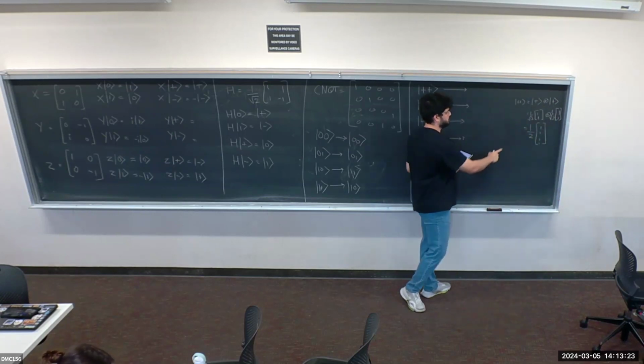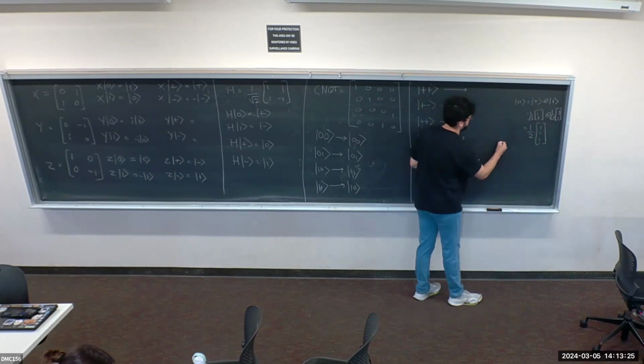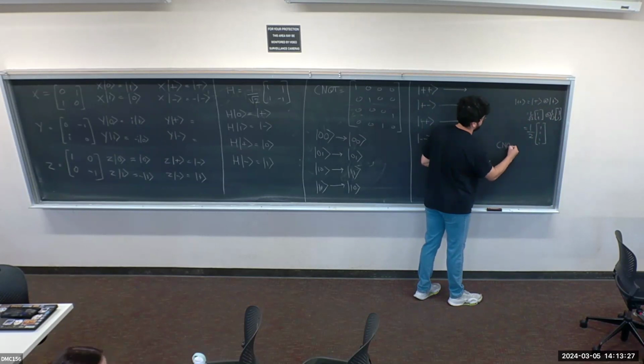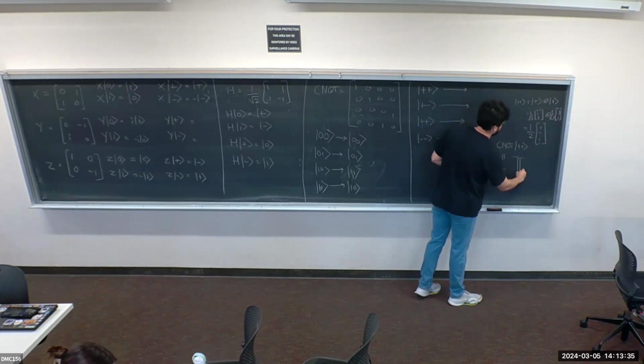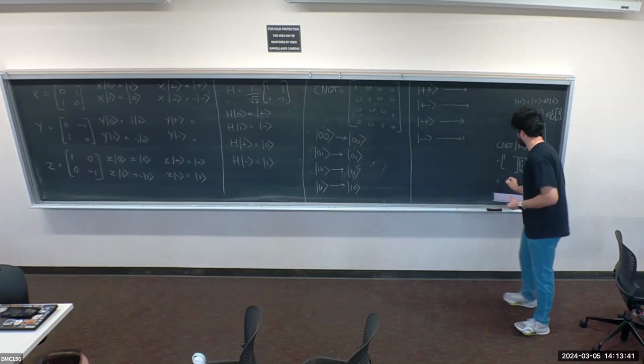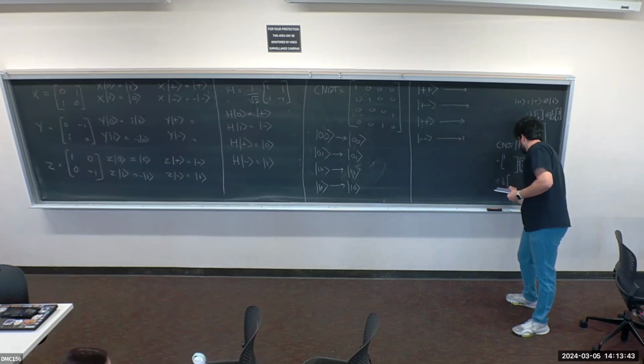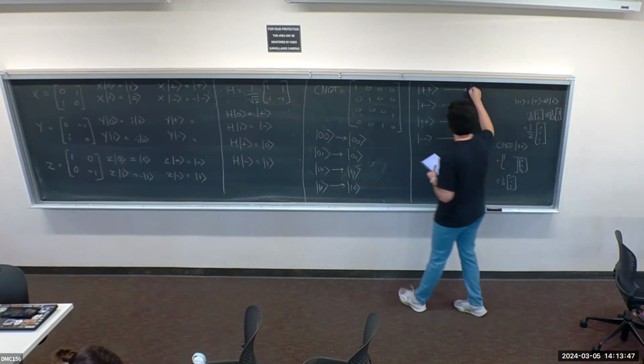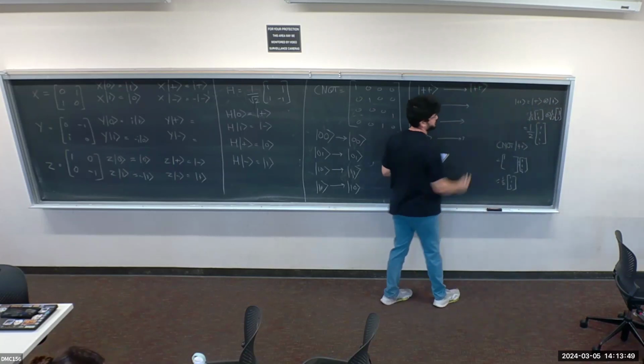Now, to calculate the action of CNOT, you just multiply the matrix of CNOT with the plus plus state. And you will see that we just get the same state back, plus plus.